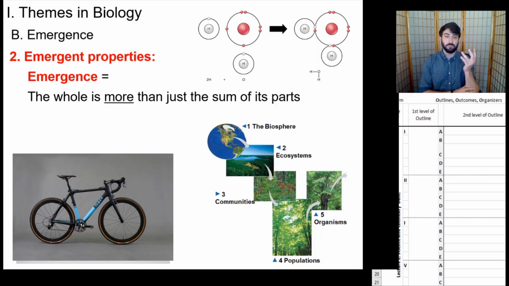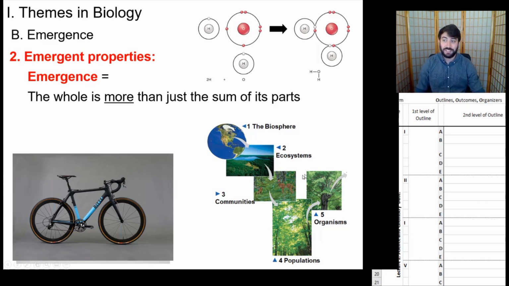Now, a single tree has a different set of properties that describe it than, say, a whole population of trees. If you put lots of different populations of trees together, so you take a population of maples and a population of oaks and you put them together, well, now they form a community of a forest.